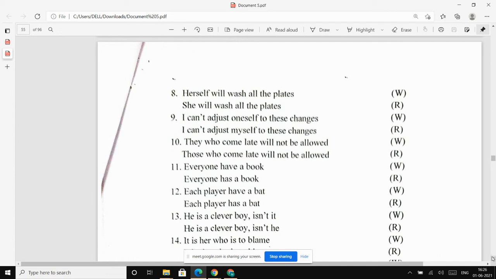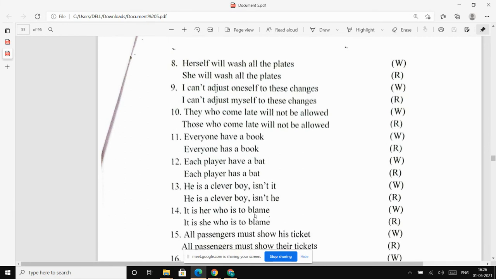And then it is her who is to blame. It is she. So while we are using the pronoun at the subjective case, we have to use the subjective pronoun he. Suppose if it is he who is to blame, no, then it is the correct sentence. It is him who is to blame. That is the wrong sentence. It is he who is to blame is the right sentence.